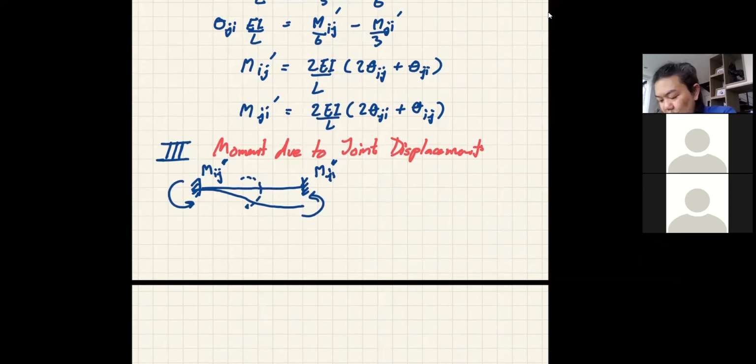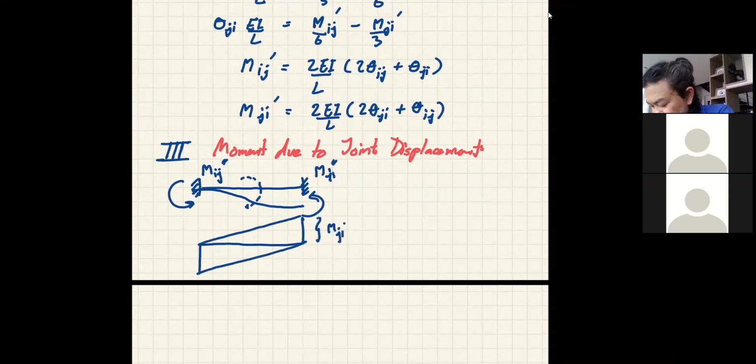Because of this moment, the bending moment diagram is going to look like this. This one is Mji double prime over EI, and this one becomes minus Mij double prime over EI.